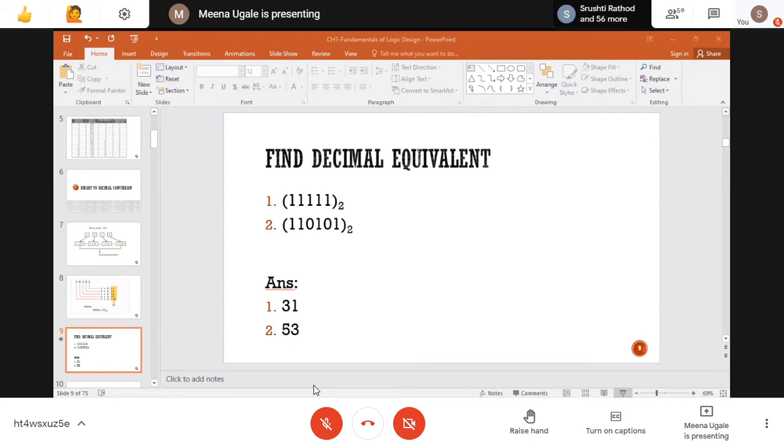As I said, the base is written like this. I am writing the bracket and writing 2. This 2 indicates the base 2. That means this is a binary number.